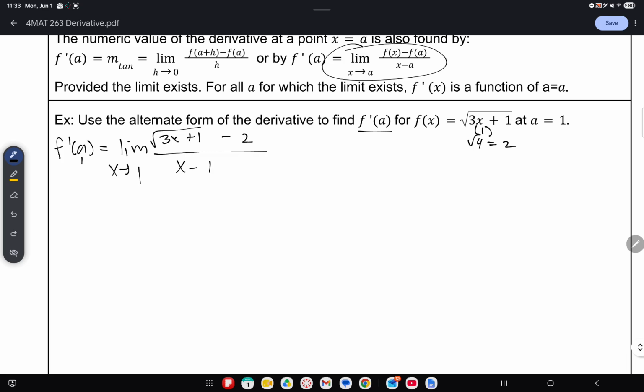Well, uh-oh. If I go to evaluate this limit, if I try direct substitution in the denominator, I get 0. And I don't want there to be a 0 there. So let's see if we can rationalize. So the square root of 3x plus 1 plus 2, multiply that, the numerator and denominator.